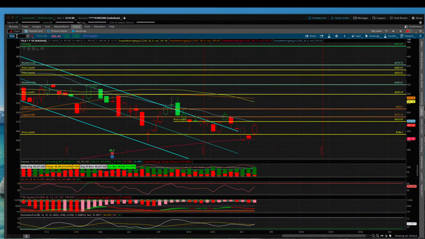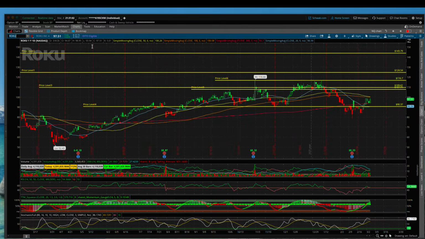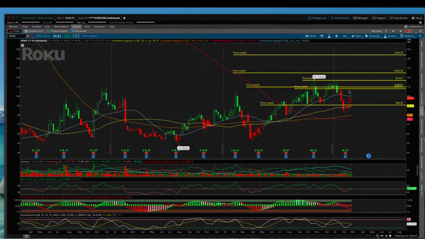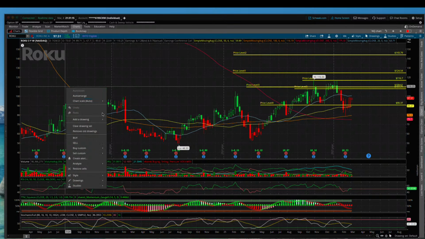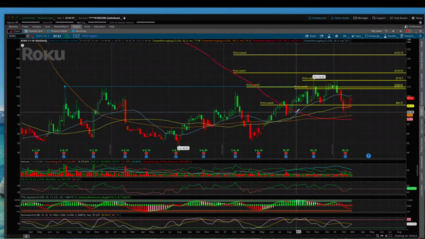All right. Roku. Okay, Roku chopping around in this large consolidation zone. You can see it better in the weekly here. This here has been like this for a while.